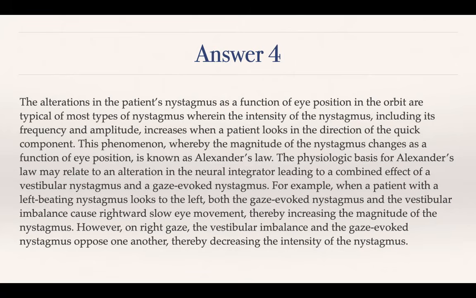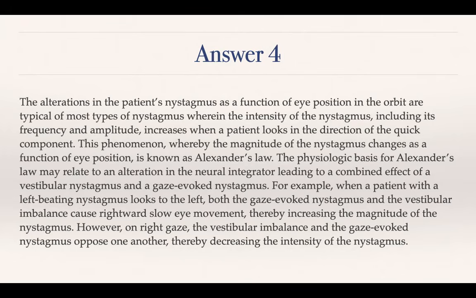In this particular individual on left gaze, the slow component because of gaze-evoked is to the right. The vestibular nystagmus is left beating, which means the vestibular slow phase is also to the right. So the vestibular rightward slow phase and the gaze-evoked nystagmus rightward slow phase both get added together. The intensity of the nystagmus is high.